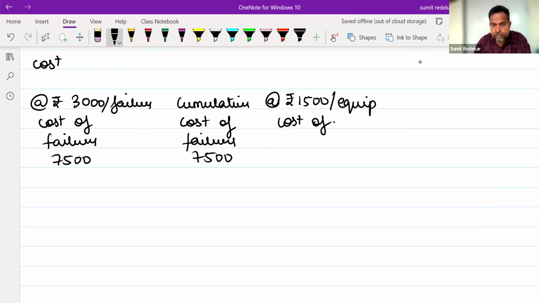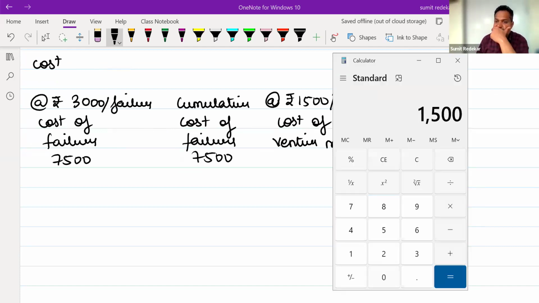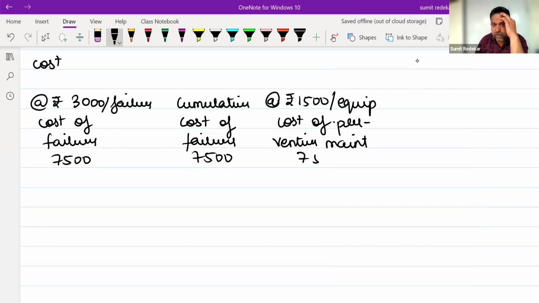Cost of preventive maintenance is, at 1500 each, if all 50 machines are preventively maintained, 75,000.